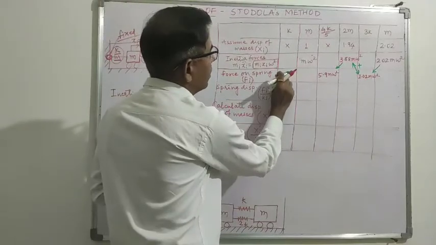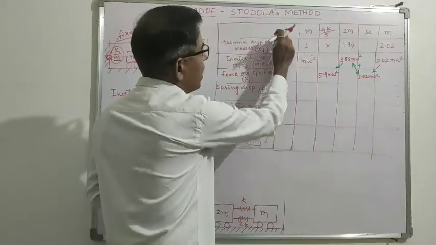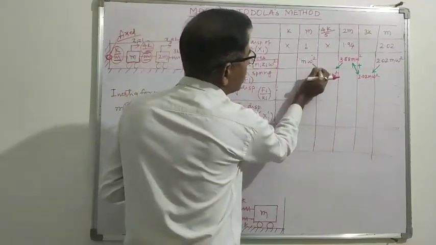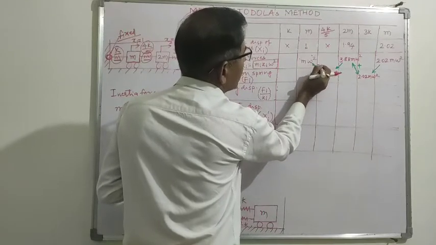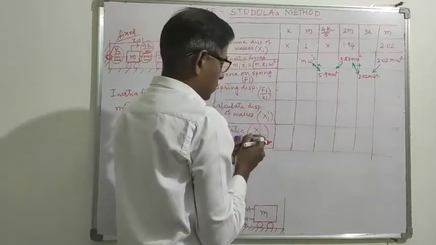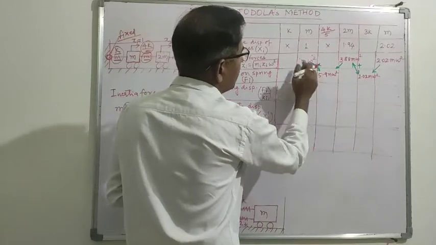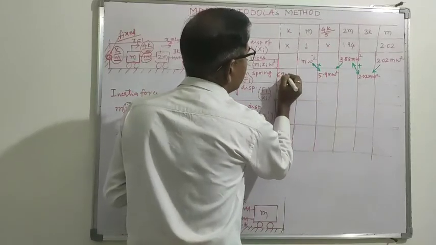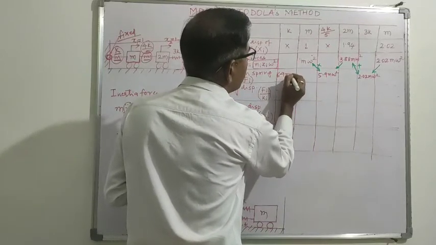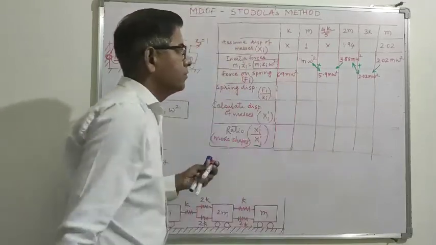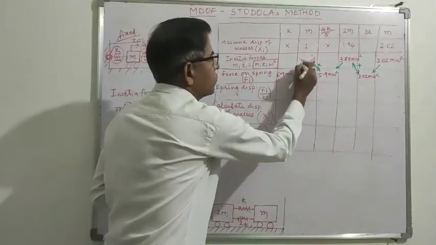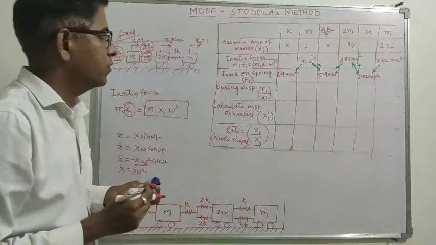And the spring force at the first spring will be the summation of these two values. So 5.9 plus 1, that is 6.9 m omega square.